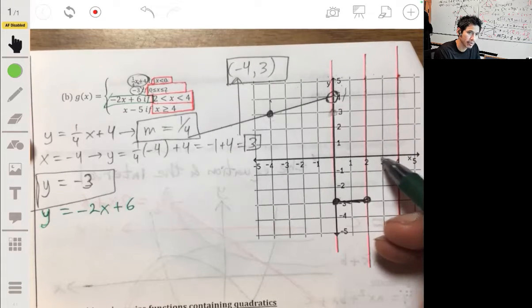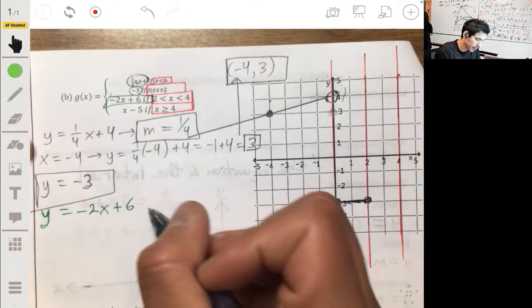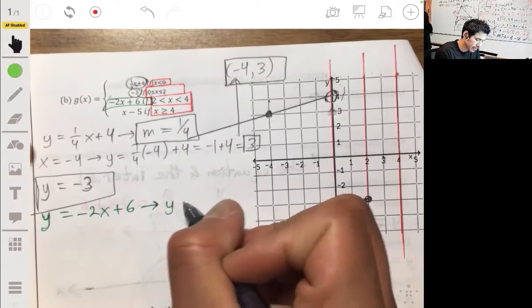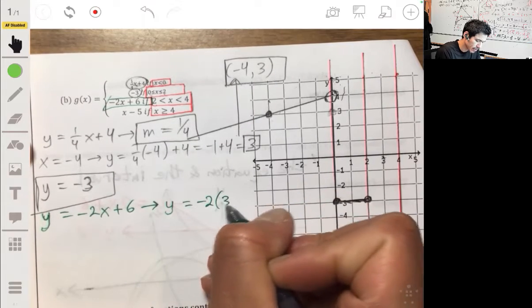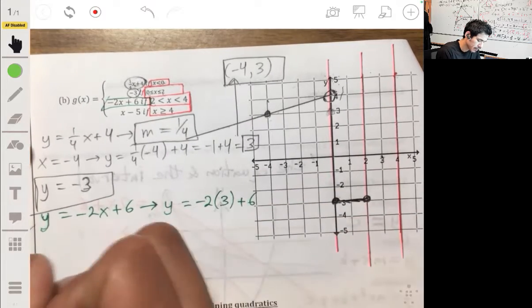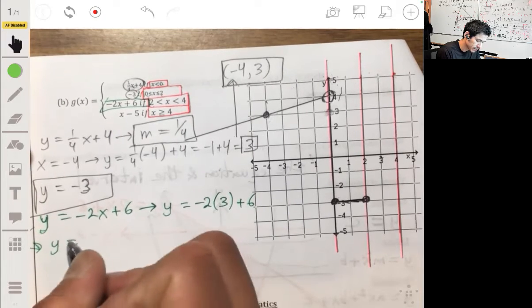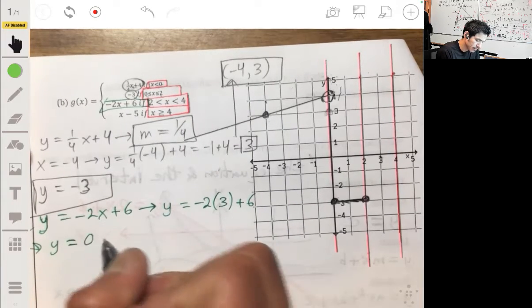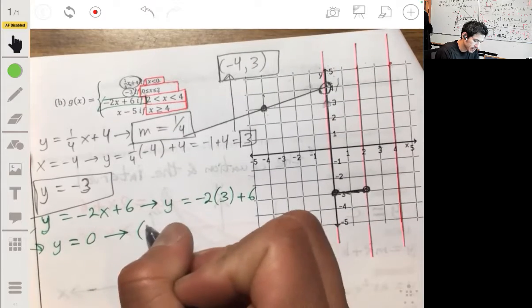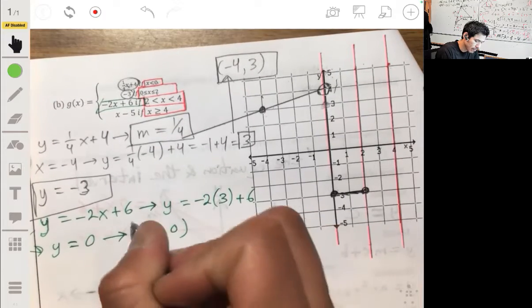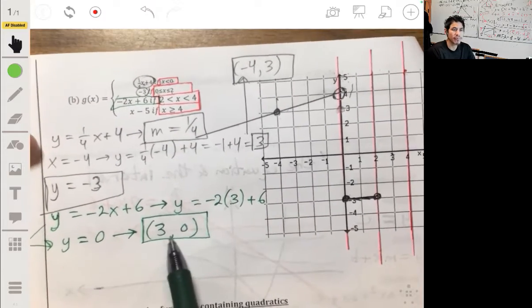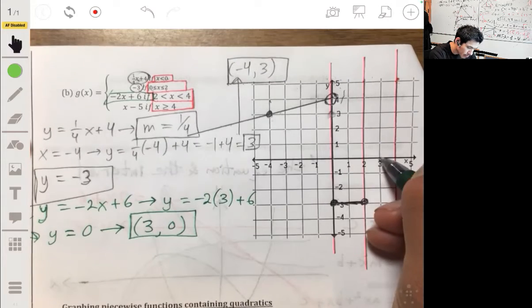Let's plug in 3 right in the middle. So we plug in 3, we'll get y is -2 times 3 plus 6. y is -6 plus 6. So y is 0. So when x is 3, y is 0. So we have a point at 3, 0, right here.